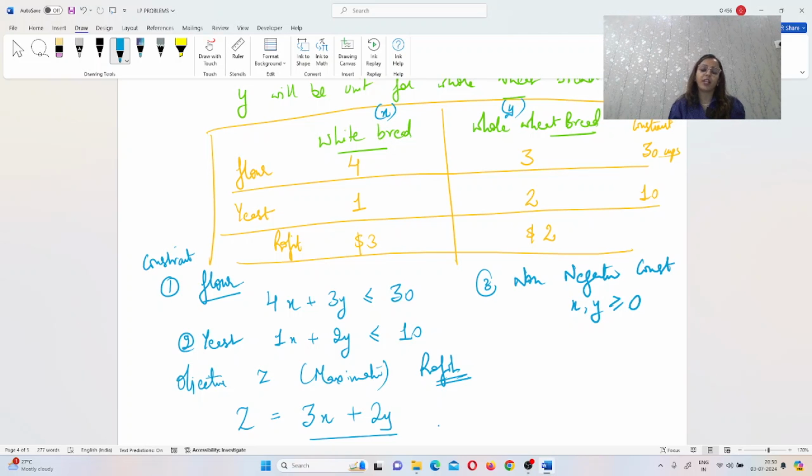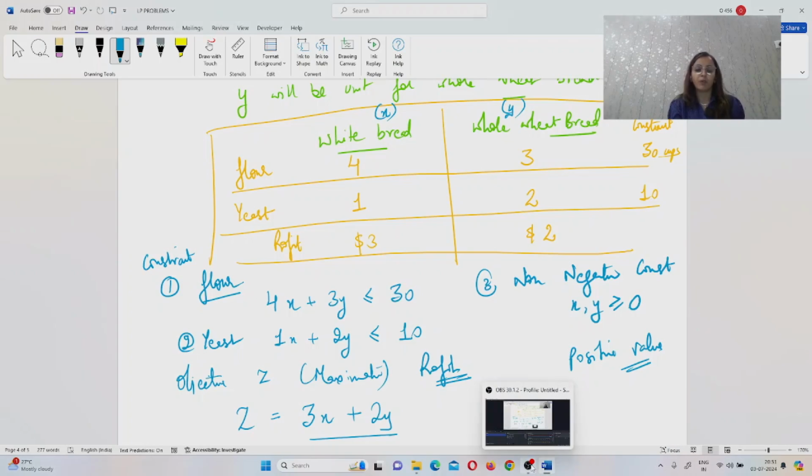They will always be positive values. The quantity can be 0, but it cannot be negative. So this is the way we have to present it. Either you can write it in a proper theoretical way, but at least you know how this linear programming equation is to be formed.